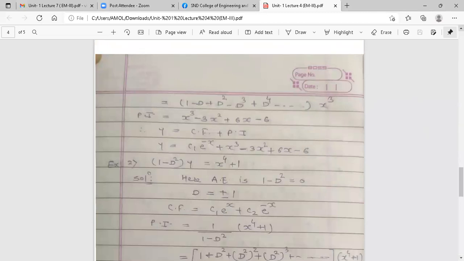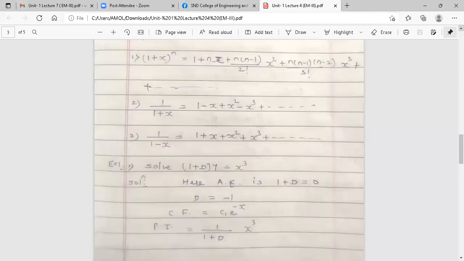So now to find the PI of an exponential function, you always try to reduce your denominator term phi of D into either 1 plus x form or 1 minus x form, so that you can use the series for 1 upon 1 plus x or 1 upon 1 minus x.